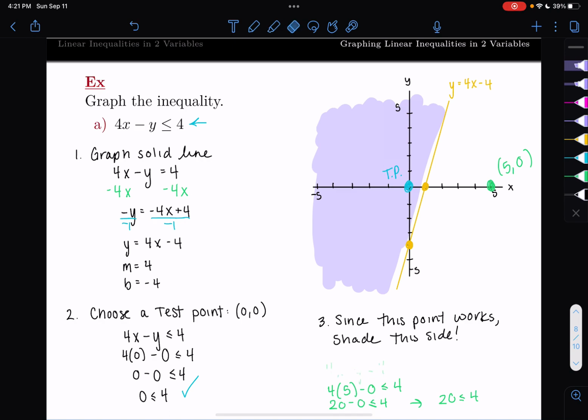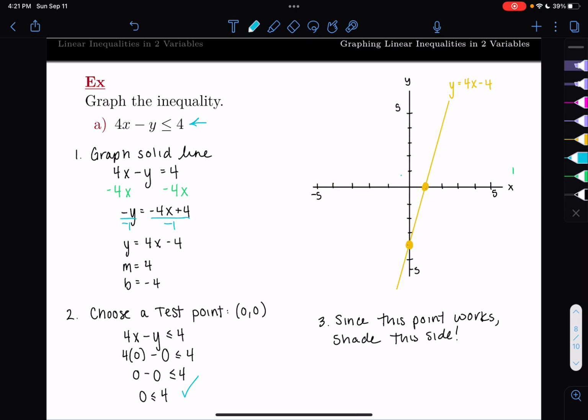For completeness, I'll show you, just in case you don't believe me yet. If we picked a different test point, say up here at 0, 5, that is not on the line, and plug that into the inequality, that would be 4 times 0 minus 5 needs to be less than or equal to 4, which is 0 minus 5 is less than or equal to 4, and you get negative 5 is less than or equal to 4.